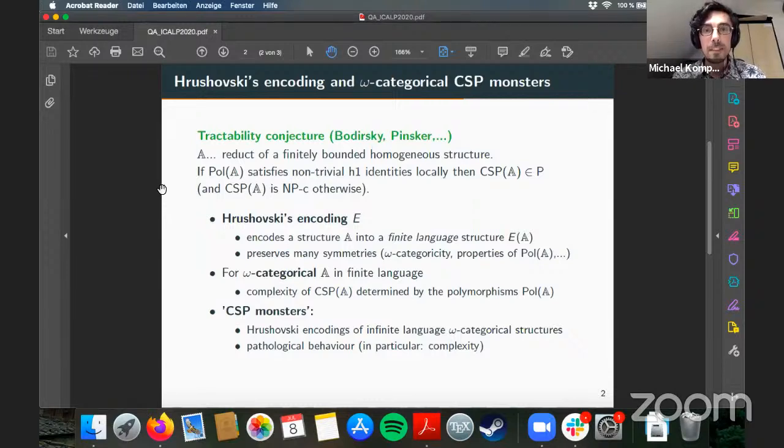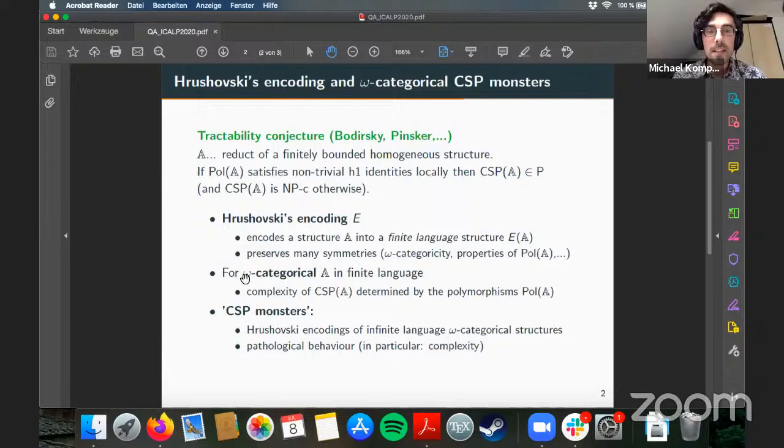Otherwise, it's NP-complete. So having no such height 1 identities is the only source of NP-hardness. That's the conjecture here. And this also generalizes the tractability conjecture, or the dichotomy, for finite domain CSPs. Now our paper is about what happens when you leave the domain of this conjecture. So we were looking at ω-categorical structures.